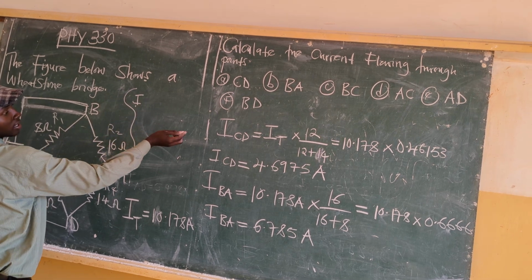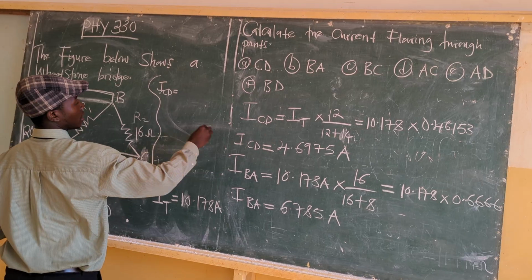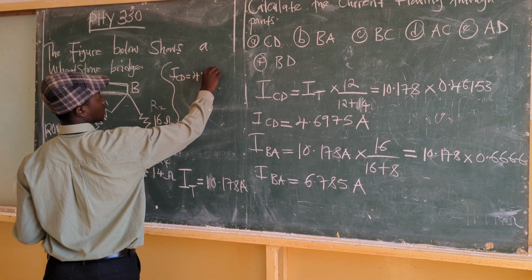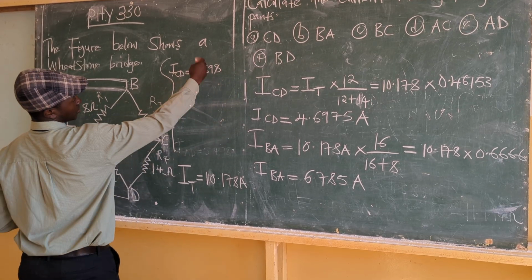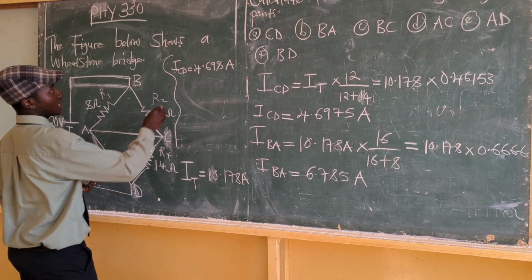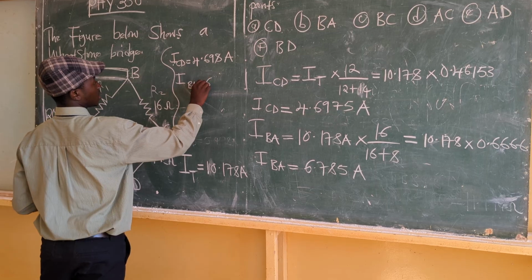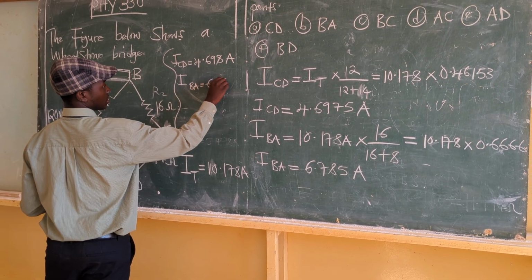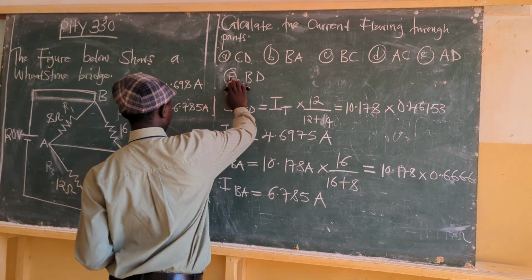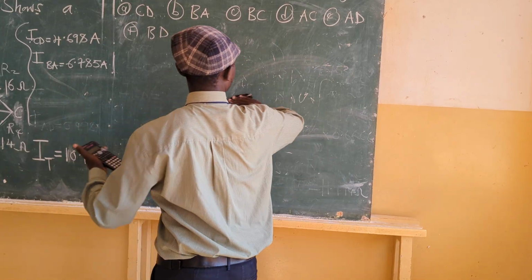Current at the point CD, we have 4.698 amps. Then current at the point BA, the branch BA, is 6.785 amps. I can create some space so that we calculate the main currents.